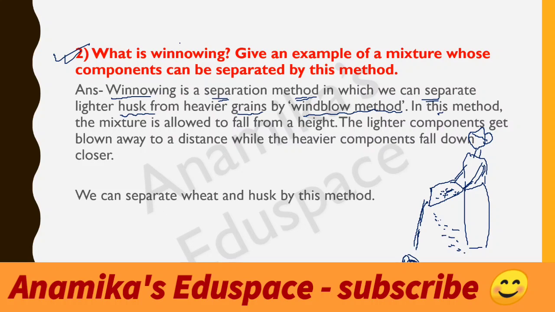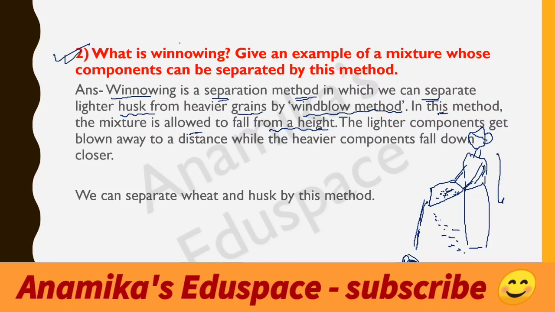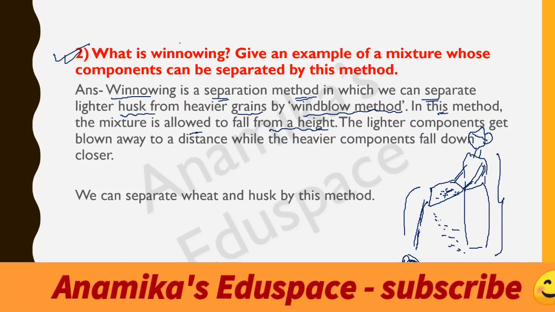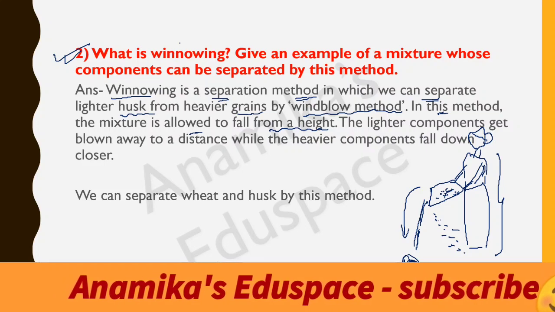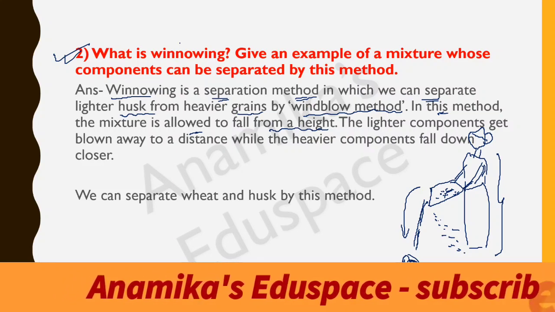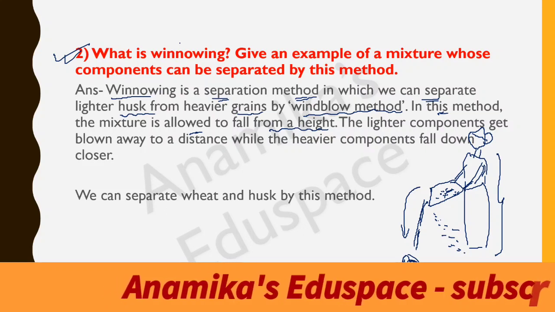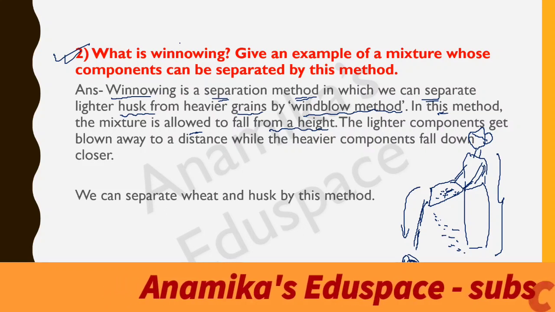Now in this method the mixture is allowed to fall from a height. As I have already said, the person stands like this, and the mixture of the grains and the husks is allowed to fall from the height. Now the lighter component gets blown away, that is, these are the husk particles.